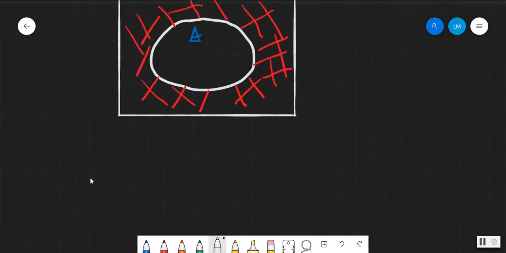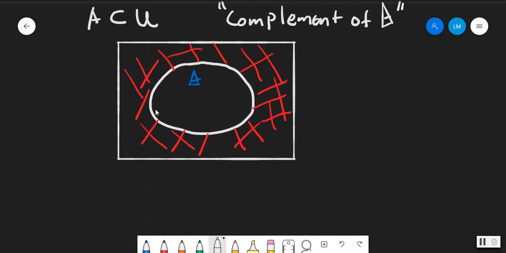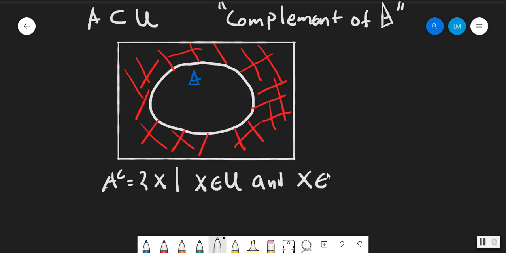It's defined as the set of X such that X is an element of the universal set, and you have that X is not in A. So this tells us that X cannot be in our set A. Now, the complement requires that we always know what the universal set in discussion was.